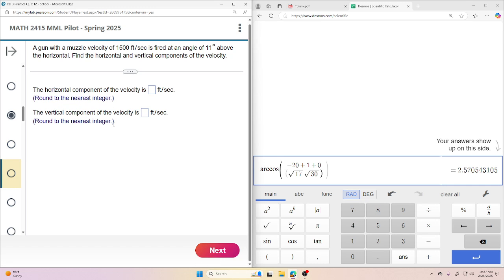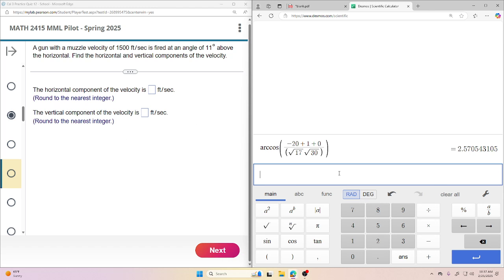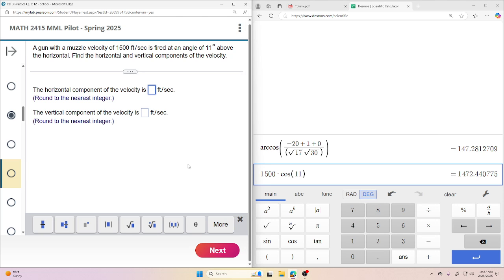Horizontal and vertical components. This was just sine and cosine, wasn't it? We have our velocity times the cosine of that. Degrees now. Right? Don't let it catch you. Yes, exactly.